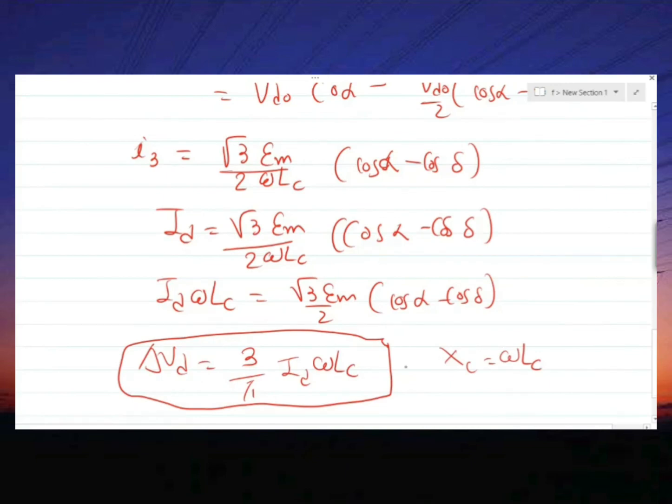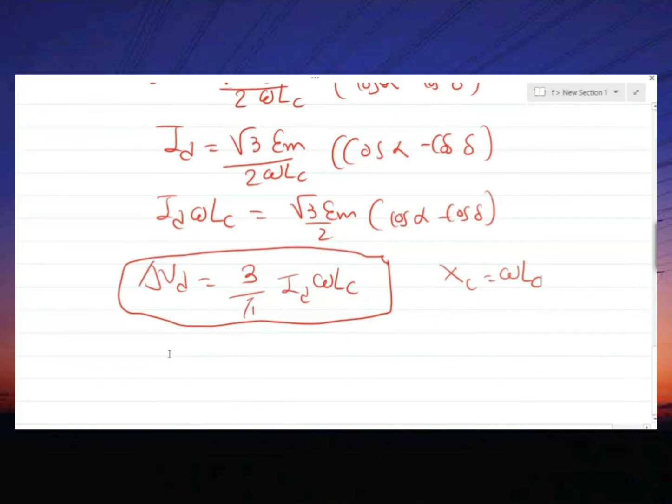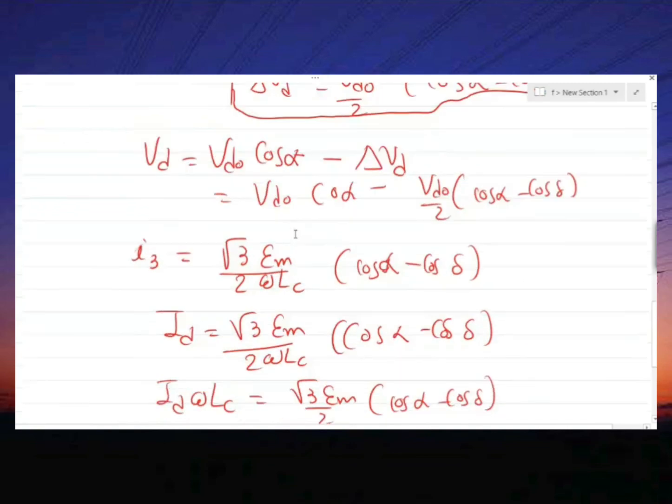So your equation of change in voltage drop del Vd is equal to 3 upon pi Id into Xc. So again we put this equation in this.